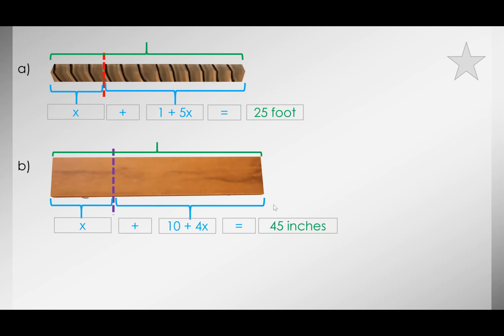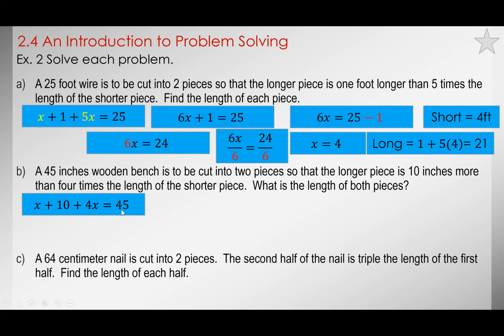So looking at this, everybody see that this is what we have: x plus 10 plus 4x equal to the total, which is 45. Okay, so the challenge that you guys have is how can you dissect, how can you encode the wording, right?